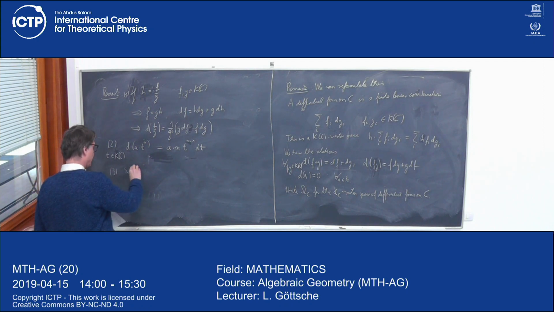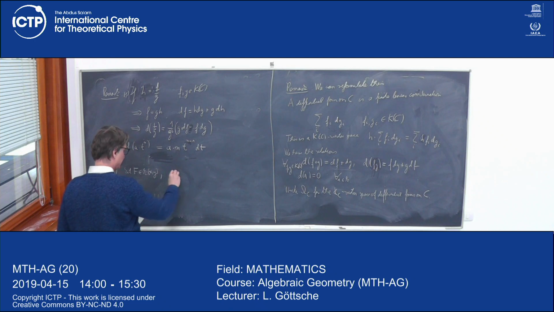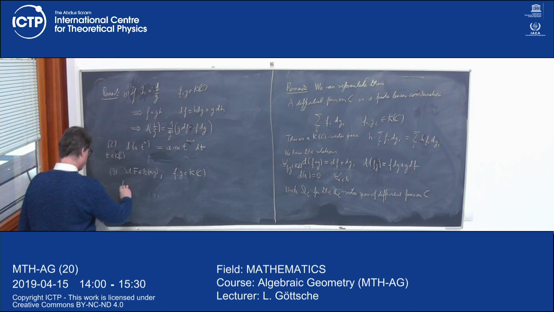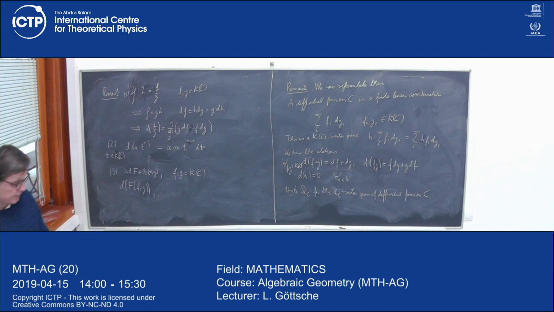And in the same way, if f is a polynomial in two variables, and I now take two rational functions f and g, I could ask myself, what is the differential of f applied to these two rational functions? And you would expect to get some kind of chain rule, and that is what you get.